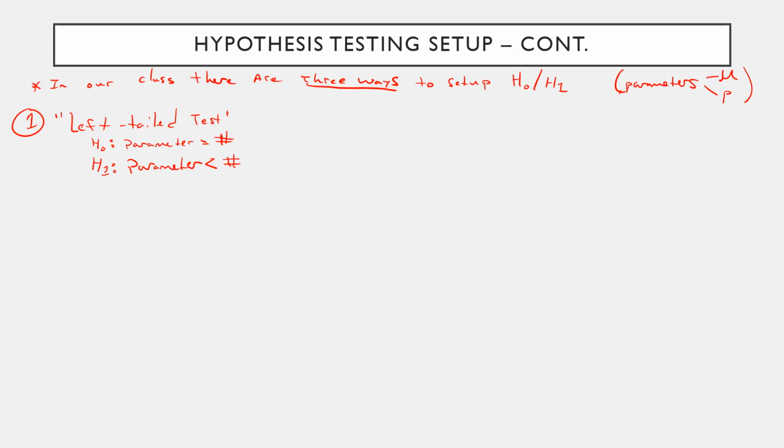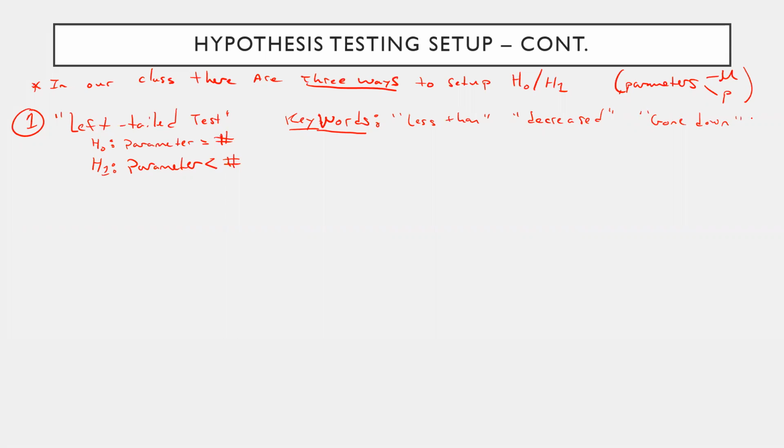There are keywords that are going to tell you in the word problem if it's going to be a left-tailed test. The keywords are going to be things like less than, decreased, gone down.